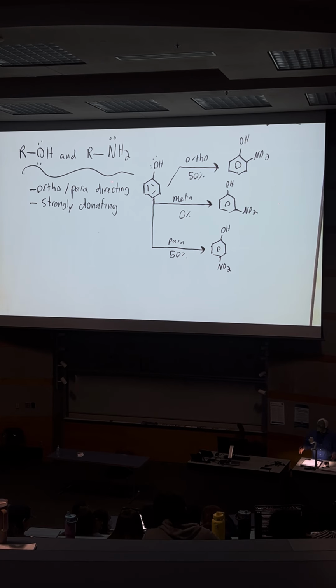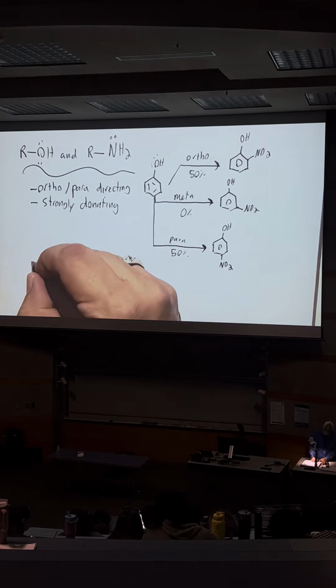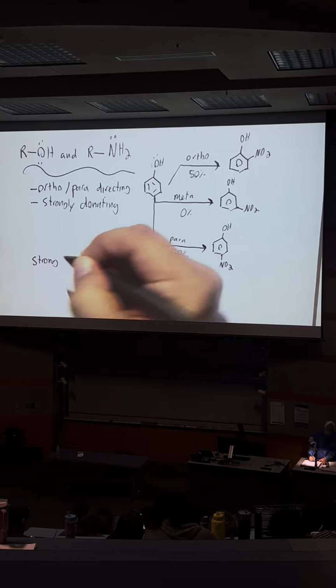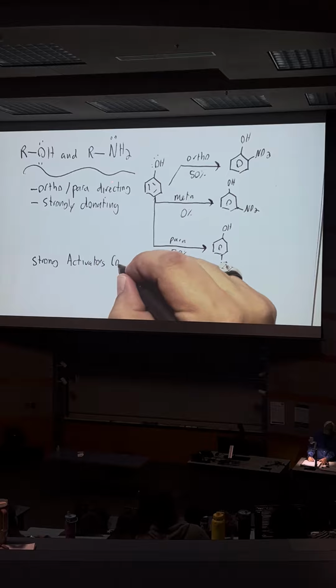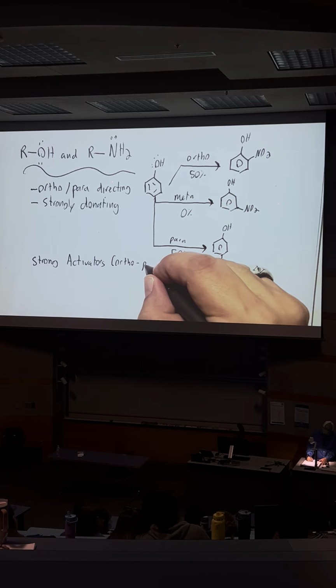All right. So of course, alcohol and the amine are just some examples. But let me give you a few more so we can label strong activators, which are ortho-para-directing.